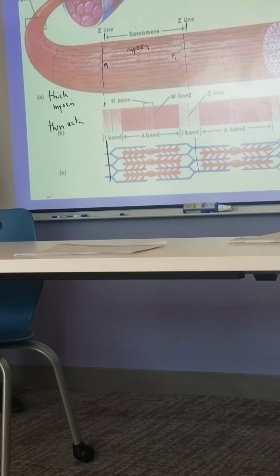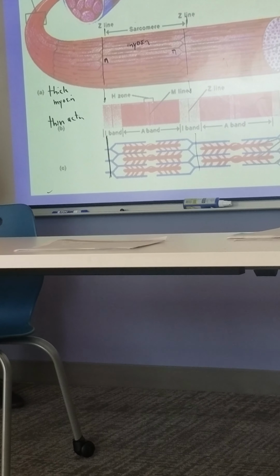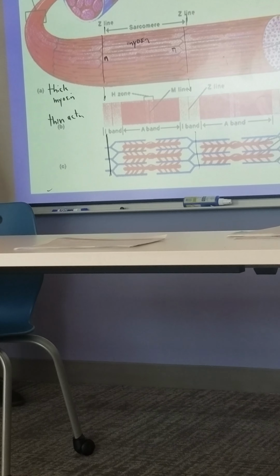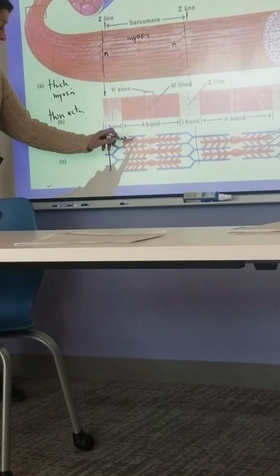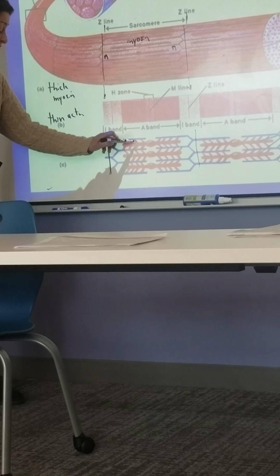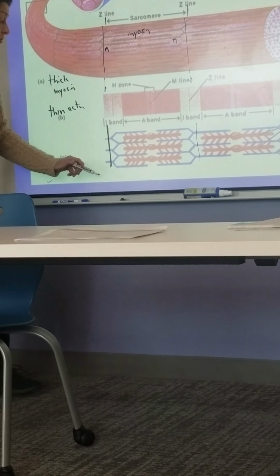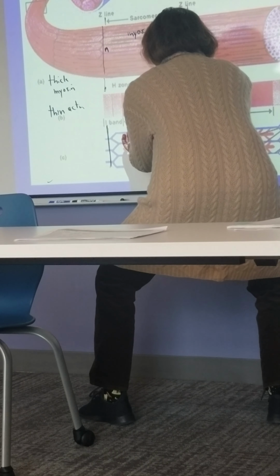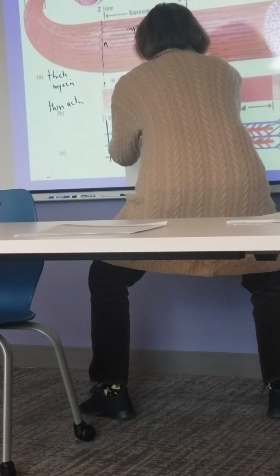All right, so what happens in muscular contraction? An electrical signal passes down into the cell, and these myosin filaments begin to move. They grip the actin threads and they pull on them.